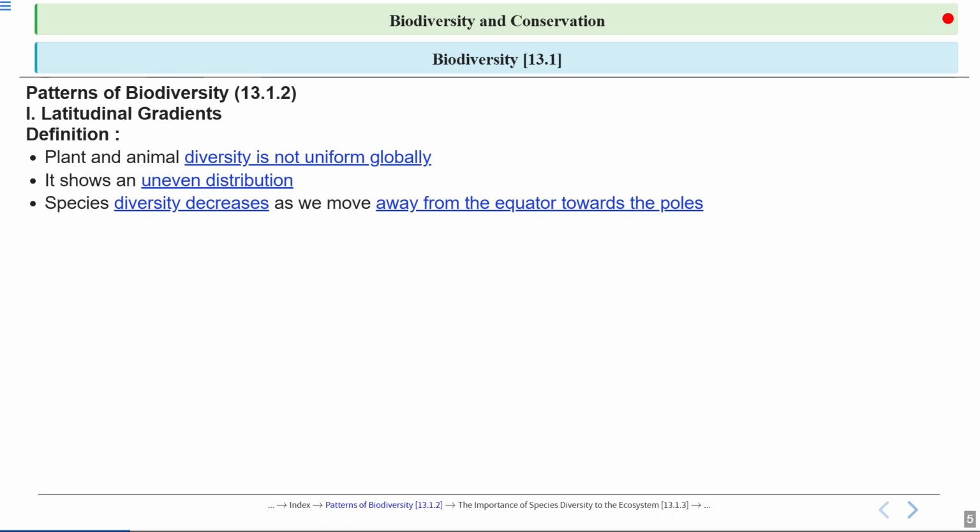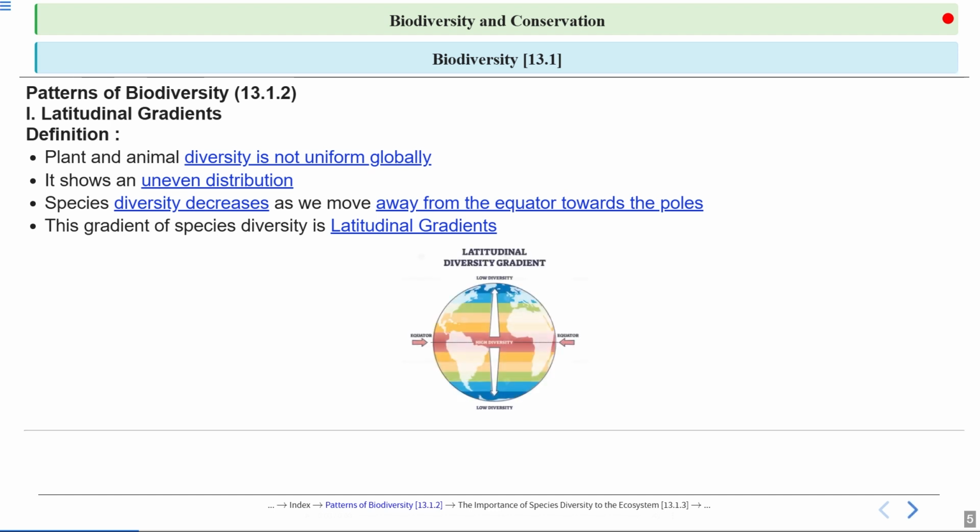So we can say species diversity decreases as we move away from the equator towards the pole. Or we can also say species richness is more in tropical regions as compared to temperate regions. This pattern is what is called latitudinal gradient in species diversity. It's a fundamental idea in ecology and helps us predict where we might find the most diversity.